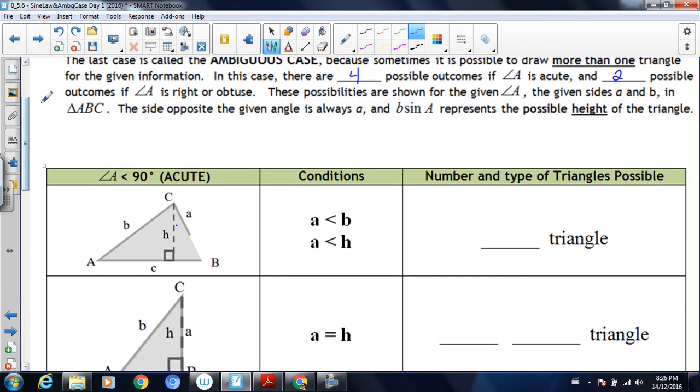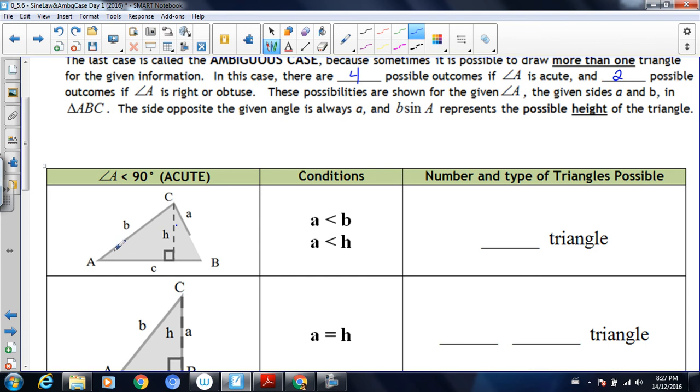So, these possibilities are shown for the given angle A. Now, the given sides a and b in triangle ABC, so this is shown for angle A when you're given two sides and one of the angles. Now, the side opposite the given angle is always side a.